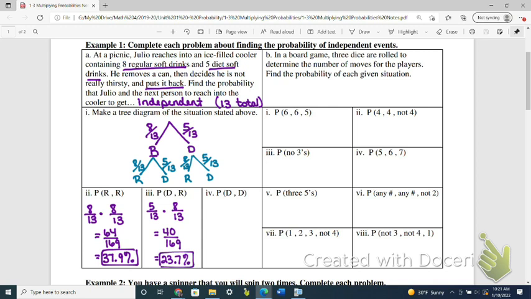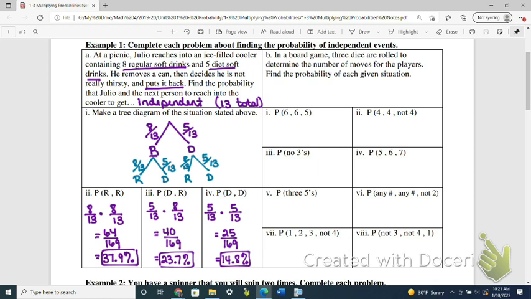And finally, the probability of pulling a diet then a diet. So the probability for diet is 5 out of 13, which is 25 over 169, which is 14.8%.